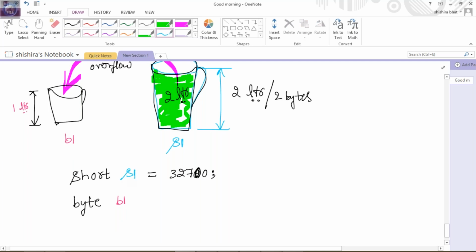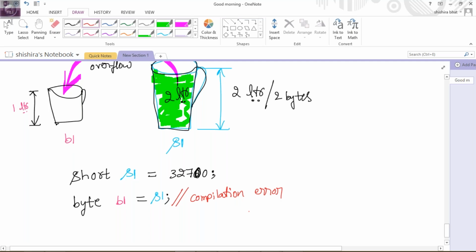Color combination matches, right? So now byte B1 equal to I assign S1. I assign S1 here. All right. So this is an error now. This is compilation error. Why compilation error?